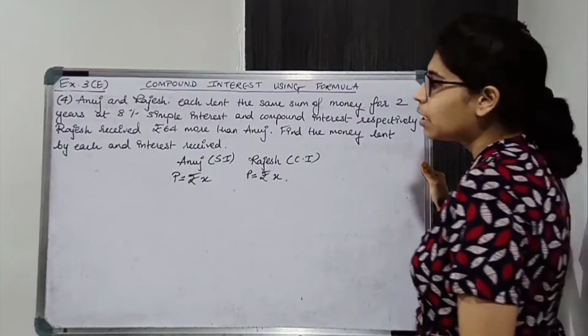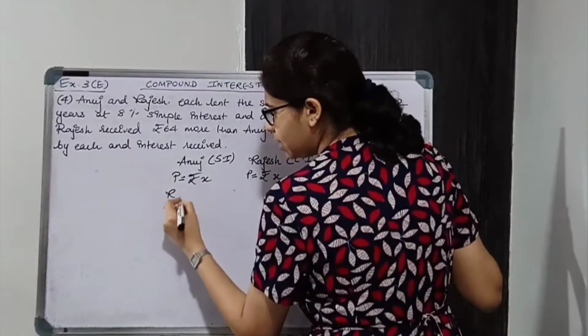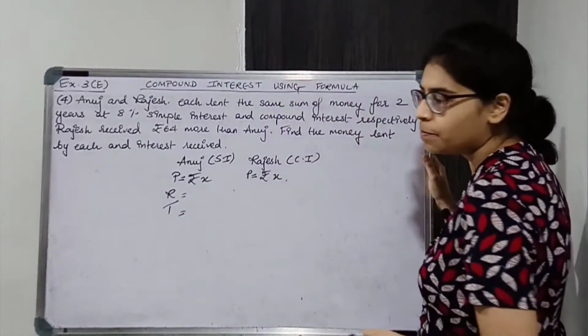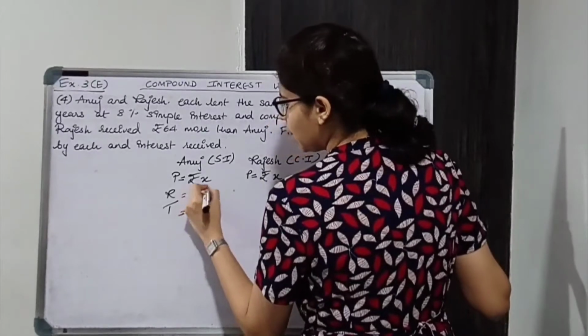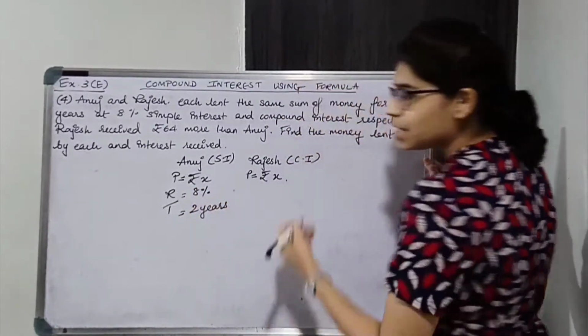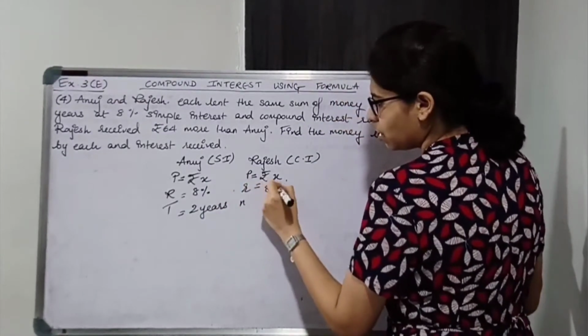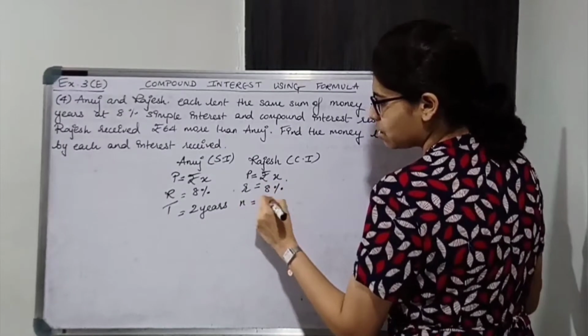Now for simple interest we need P, R and T. R is 8% and T is 2 years. Same thing over here. Over here we need R and N. So R is 8%, N is 2 years.